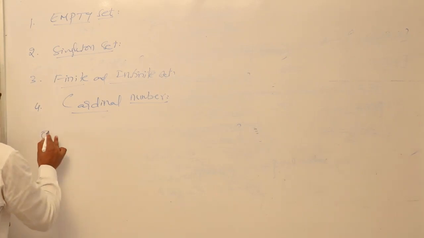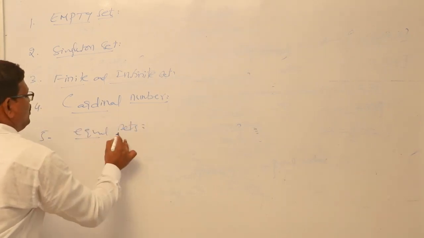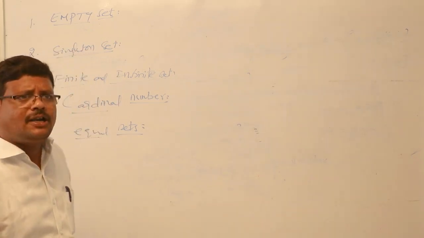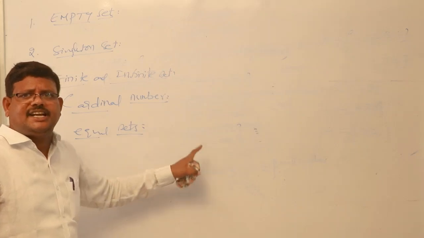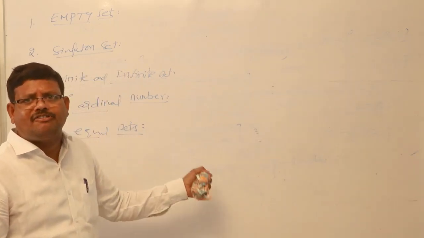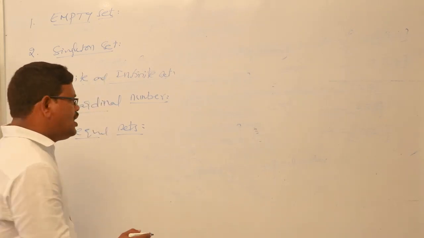equal sets. What are equal sets? If capital A and capital B are two sets, and each element in set A is a member of B, and each element in B is a member of A, then A and B are called equal sets.